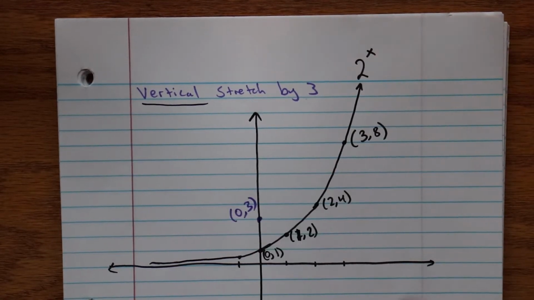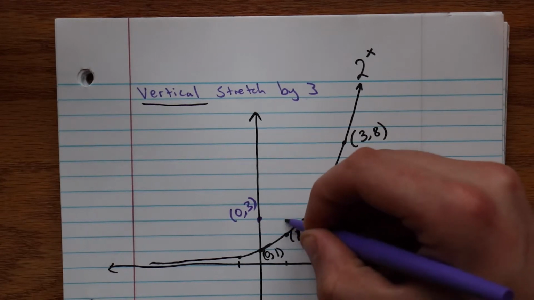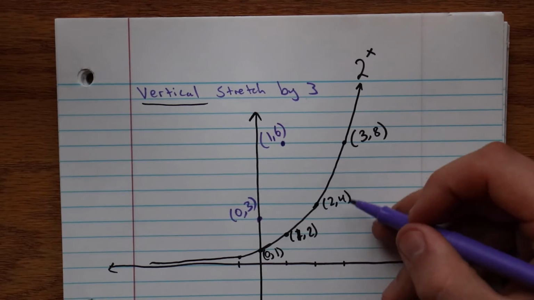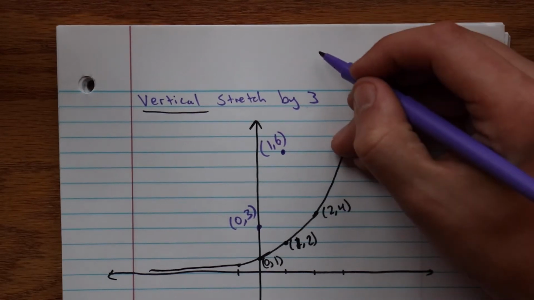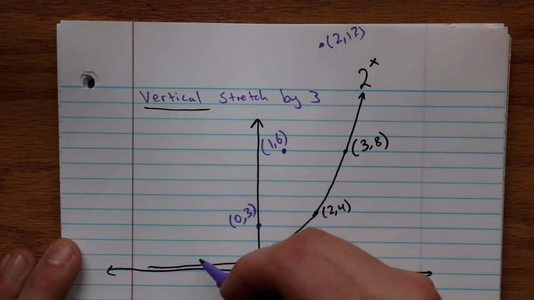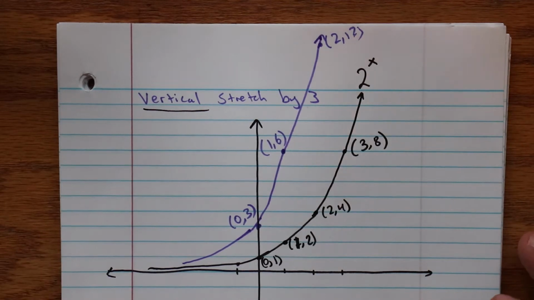The point 1, 2 will get stretched out to the point 1, 6. The point 2, 4, if you're stretching that out by a factor of 3, it's going to go all the way up to 2, 12. Off the charts. It's going to increase much faster.